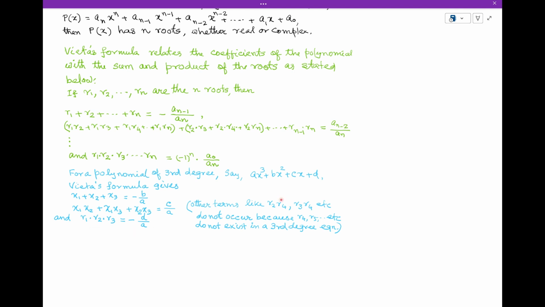Other terms like r2 r4, r3 r4, etc. do not occur because r4, r5, etc. do not exist in a third degree equation.